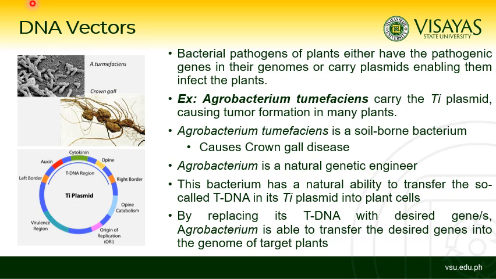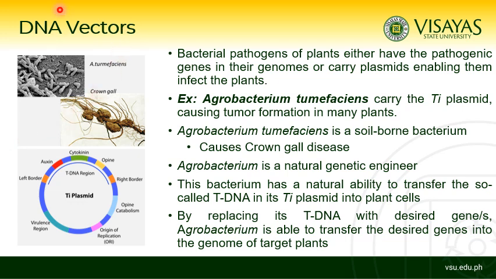So, we can now manipulate this natural process and we can replace this tDNA with our desired genes. We can remove the tDNA from the plasmid, which is the region of the plasmid that is inserted into the host cell, and replace it with a desired trait or desired gene.